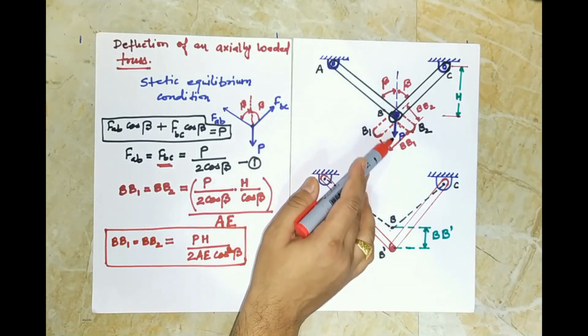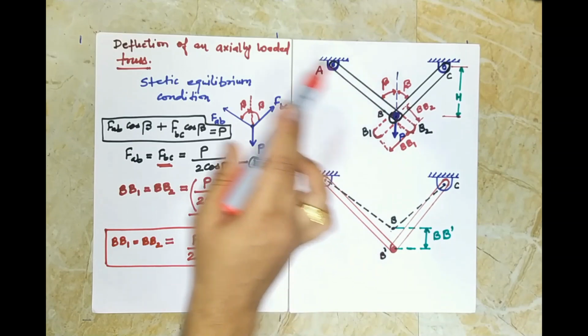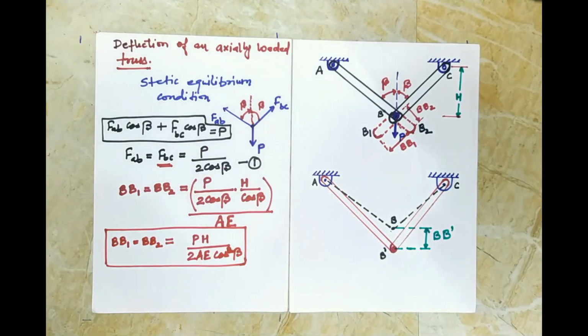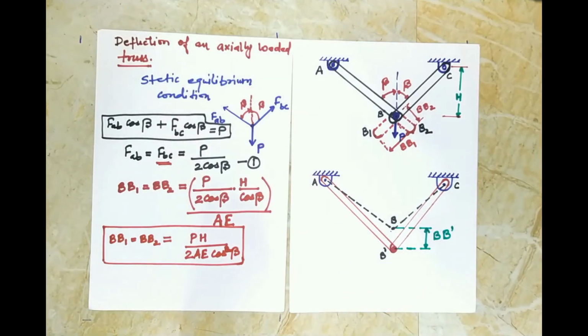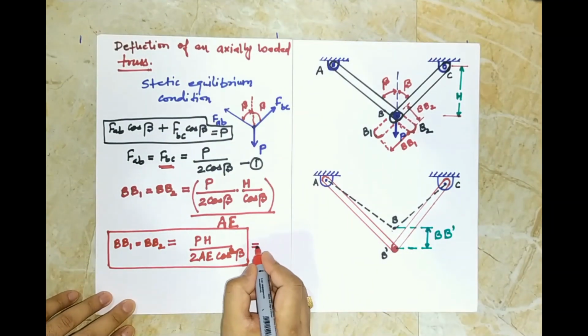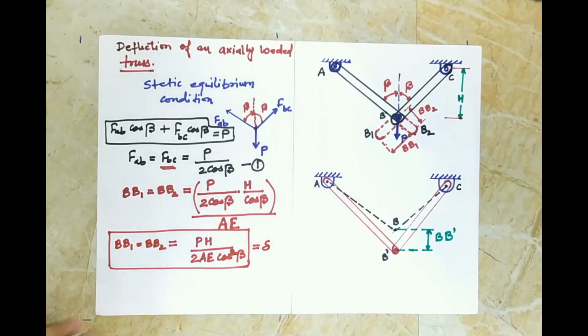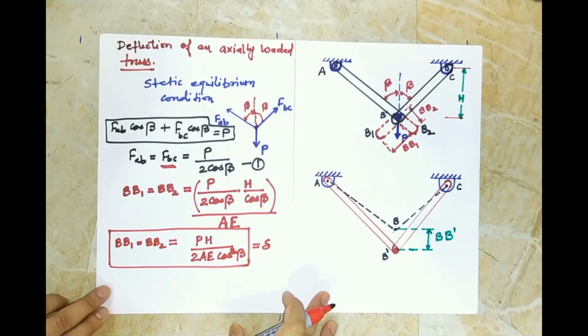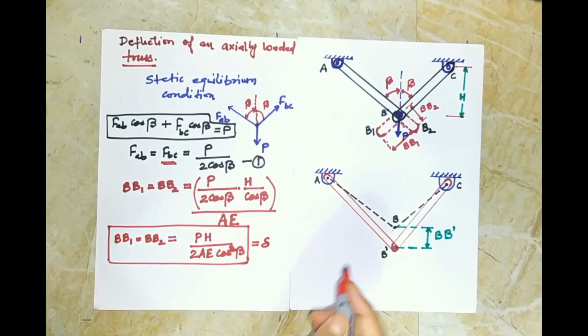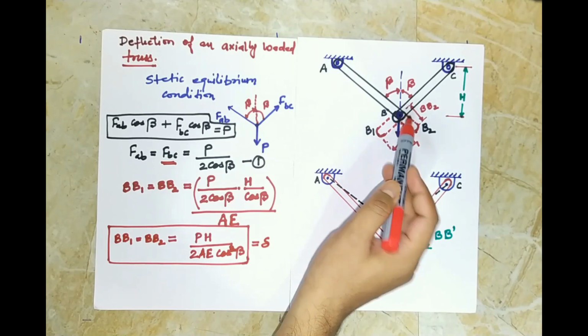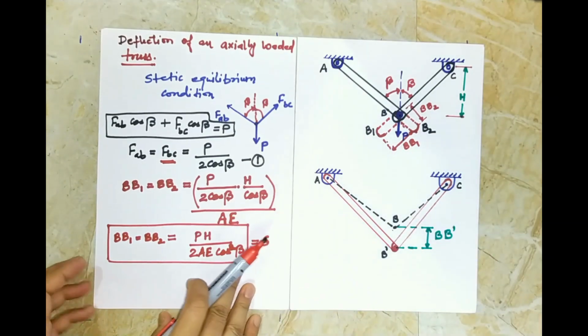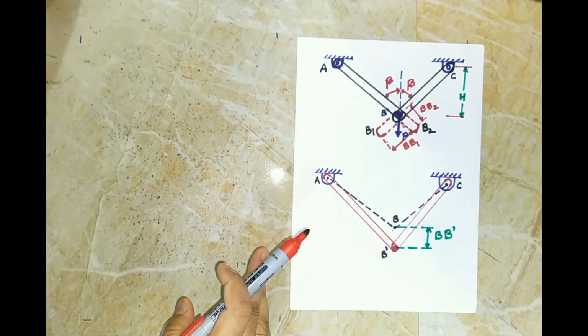So what will be the final position of joint B? Let us find that out. Let us consider this as delta, and draw the displacement diagram which is required to know the final position of joint B. So we'll take a separate page now.